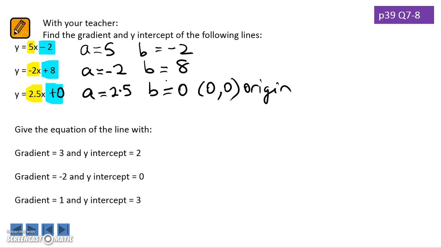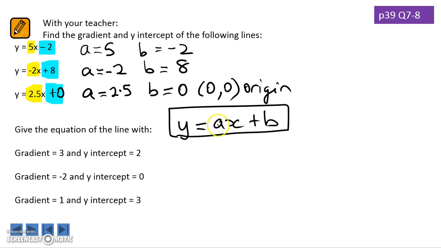The next step is for you to now write the equation of the line, given that you're given the gradient and the y-intercept. So this is our general equation, remembering this is our gradient and this is our y-intercept, and you just need to put the numbers where you see the relevant symbol that matches that. So it becomes 3x, our y-intercept is plus 2.